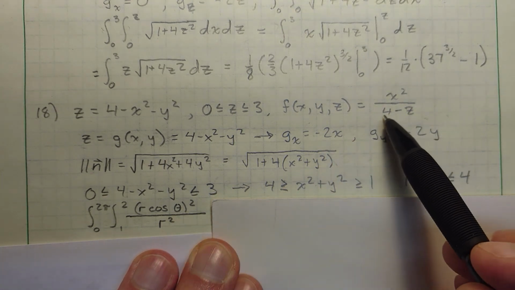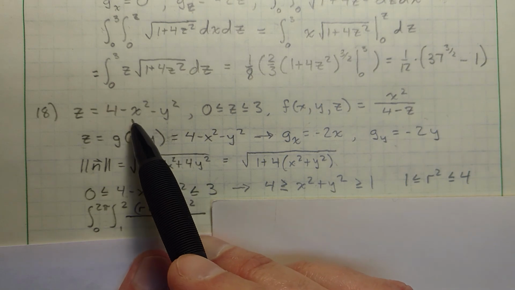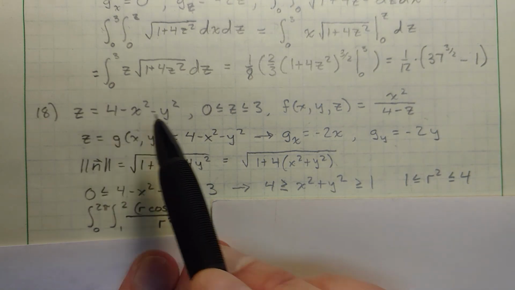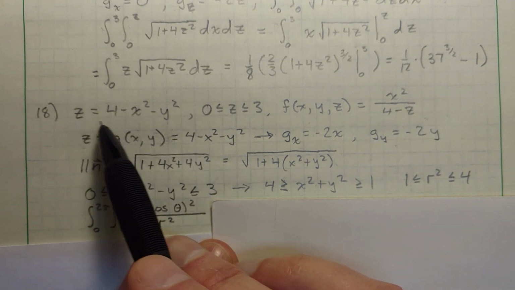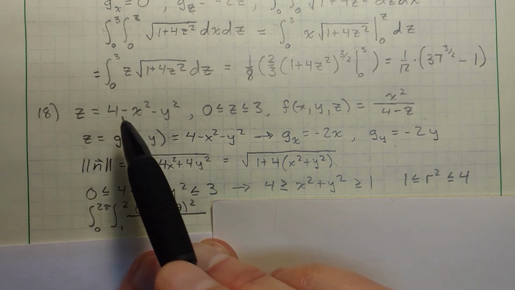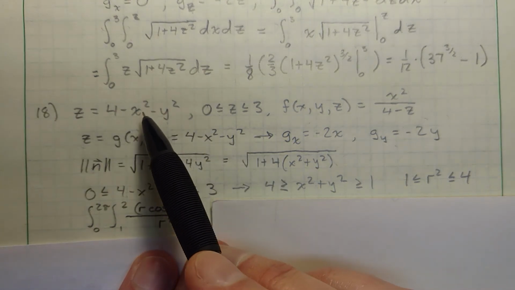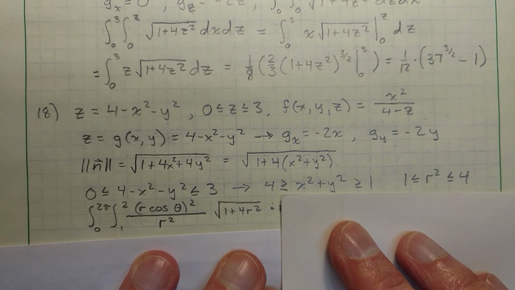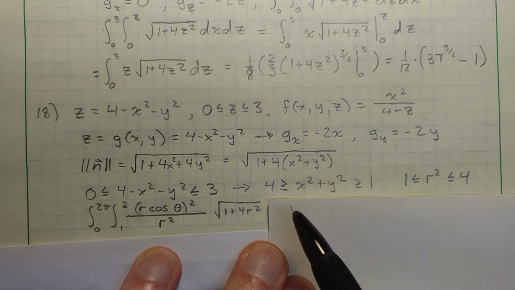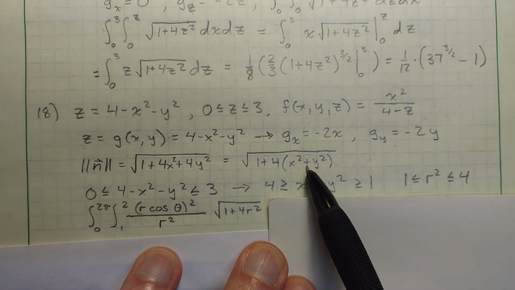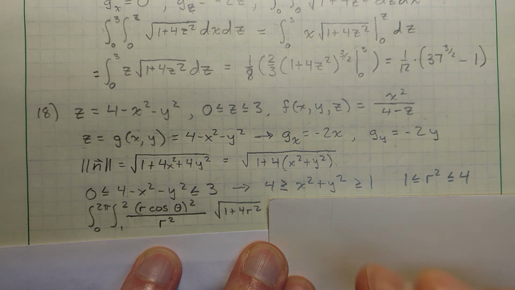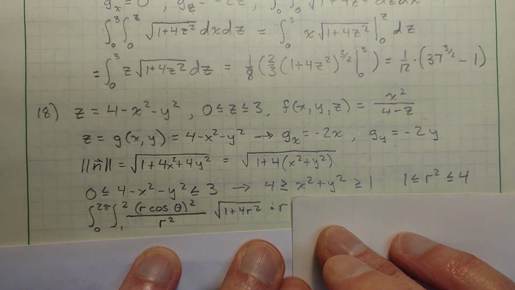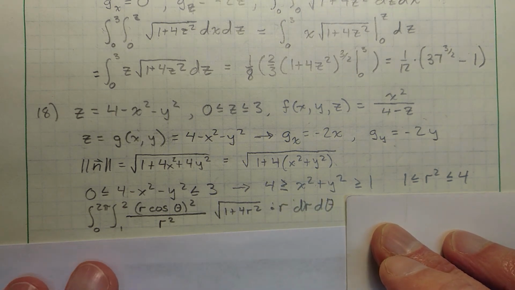My 4 minus z, looking back at this here, if I solve this for 4 minus z, I subtract z from both sides and add that to both sides, I get 4 minus z is equal to x squared plus y squared, but that's just r squared, so I can just put an r squared in there. There is my value here where r squared replaces x squared plus y squared. I do have to have my factor of r, and then I have dr d theta.